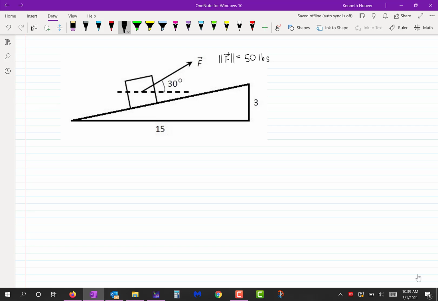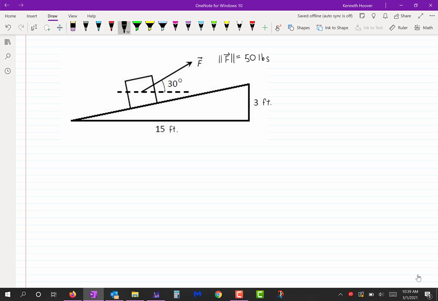Okay? And that force causes the box to move from the bottom of that ramp to the top of the ramp. And the ramp spans a horizontal distance of 15 feet. And it rises 3 feet.